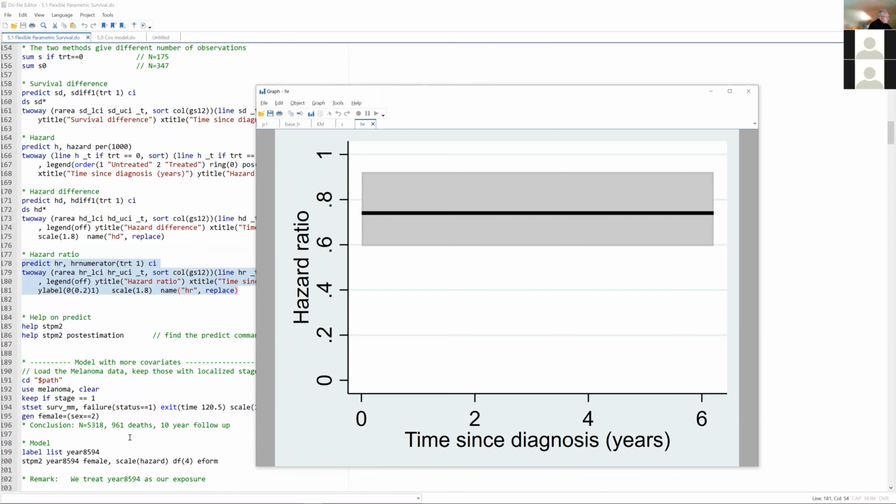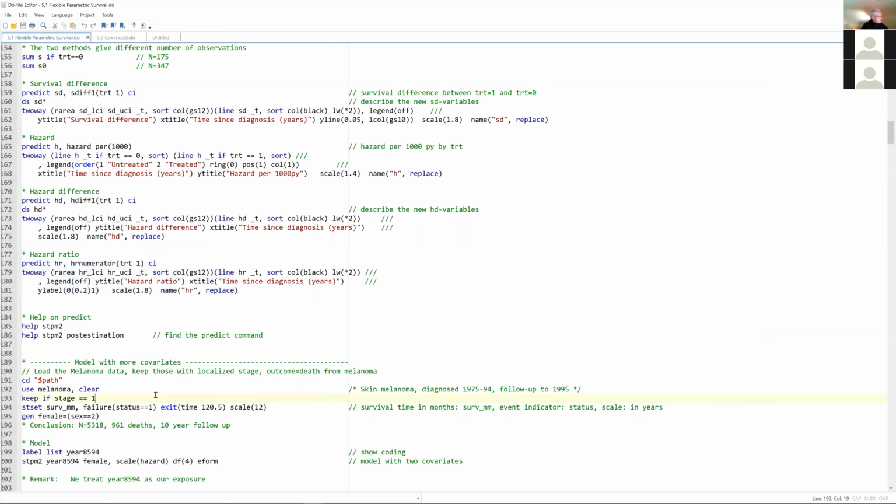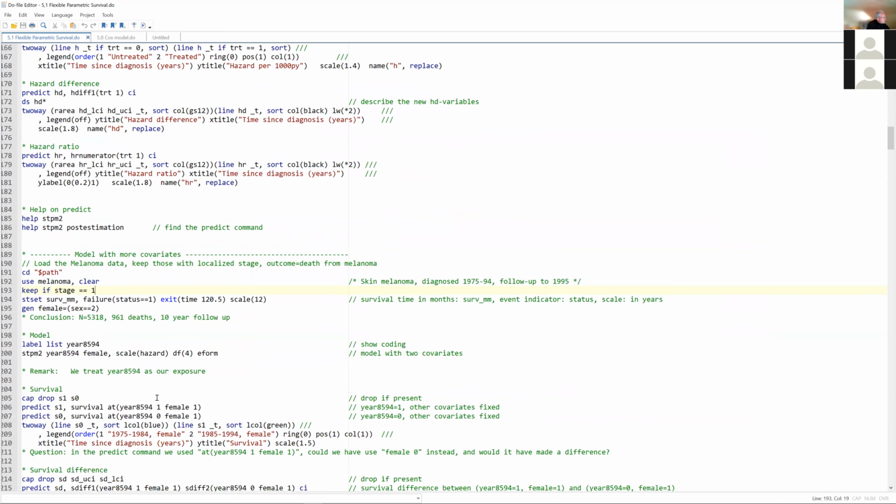Okay, let me just show you what you do when you have more than one covariate in the model. And for that, I will use the melanoma data. And now I will use a variable called year8594. Let me just show you what it measures.